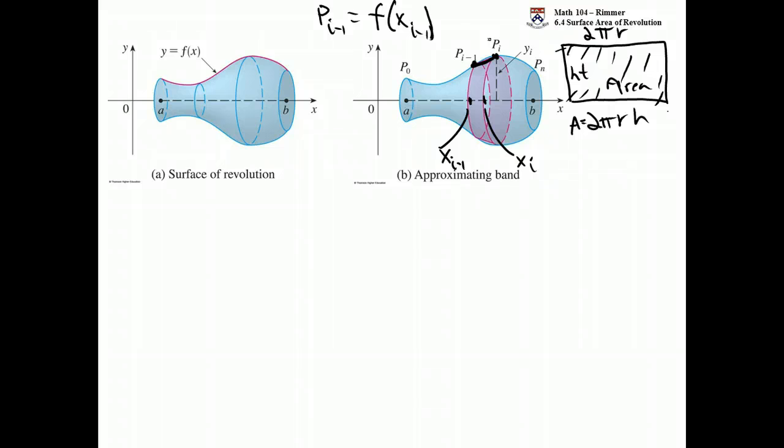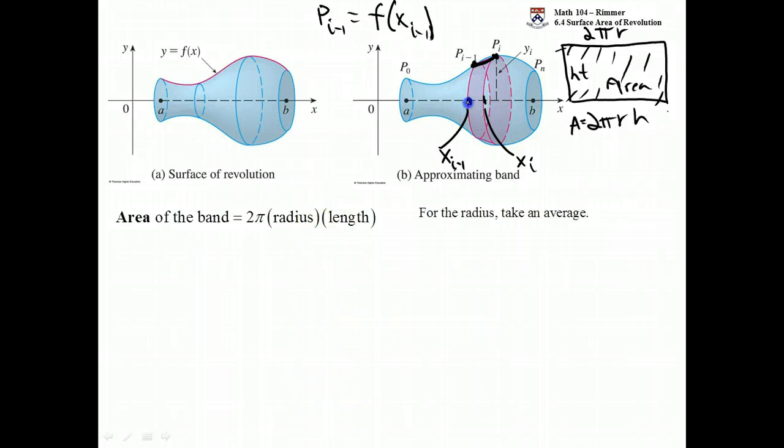And so here's what we're going to do. We have a left and a right height. We're going to take an average height. And for the height of the band, we're going to take the distance between these 2 points. Call it d. Distance formula, right?